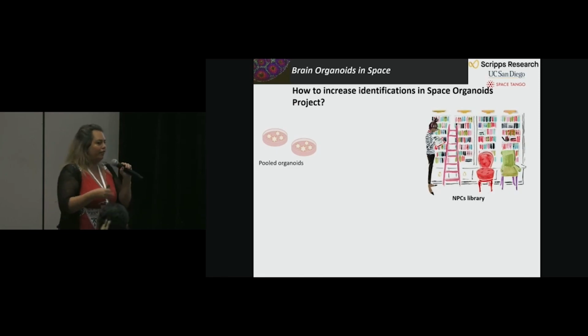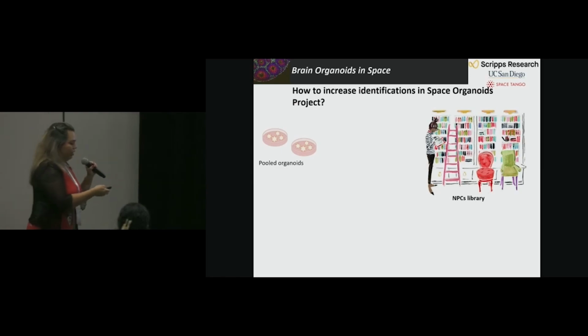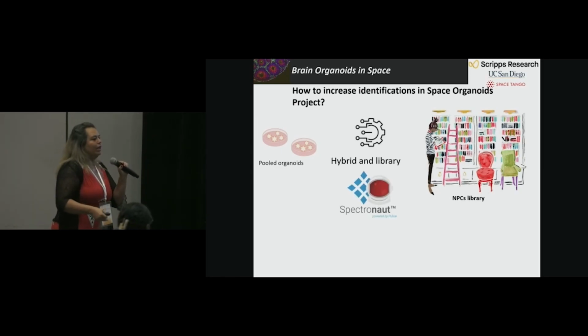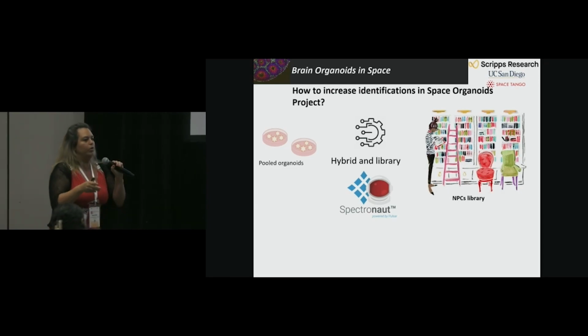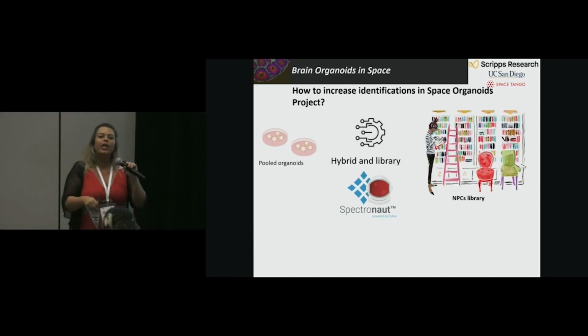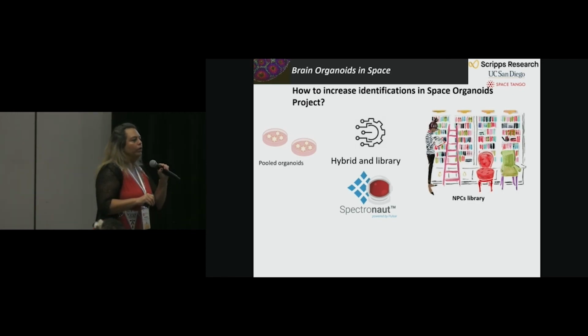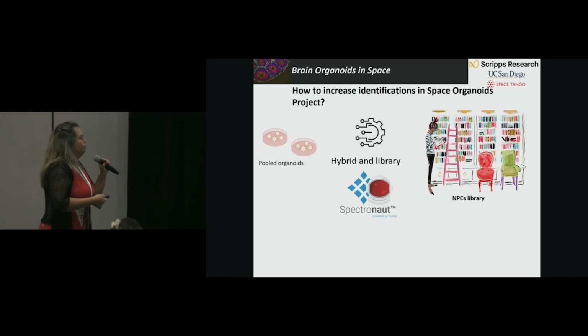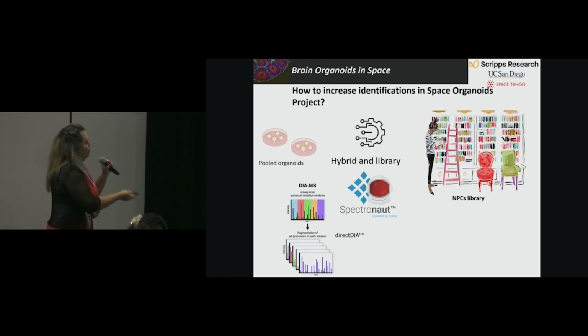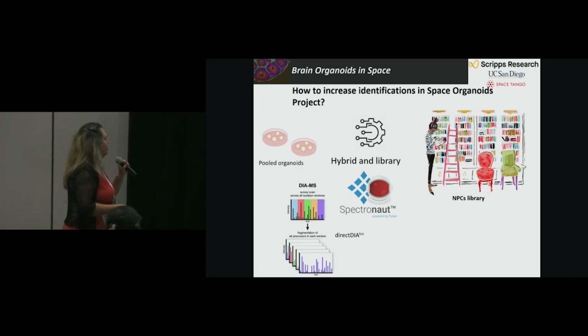That was a very fortunate strategy that we used. And again, it was possible to integrate this hybrid library through Spectronaut.